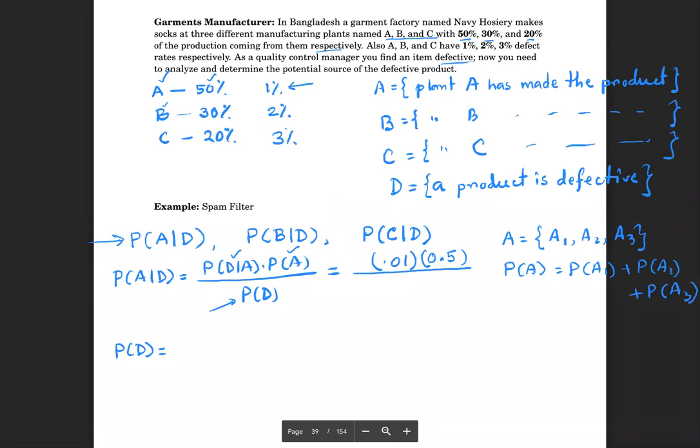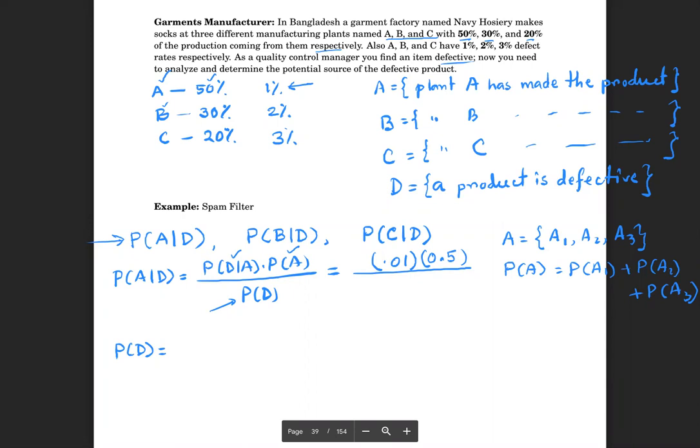That's exactly the property we are using. If you have a defective product, you cannot have it come from 2 different plants. It cannot be from plant A half the defect and plant B half the defect. That cannot happen. It's a mutually exclusive event.